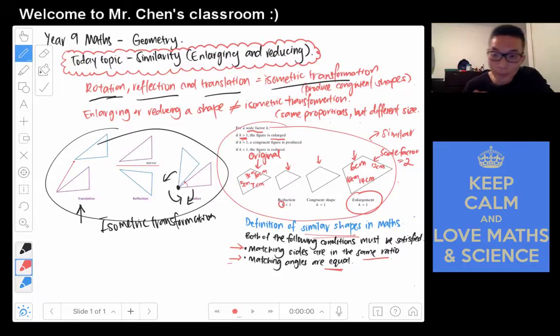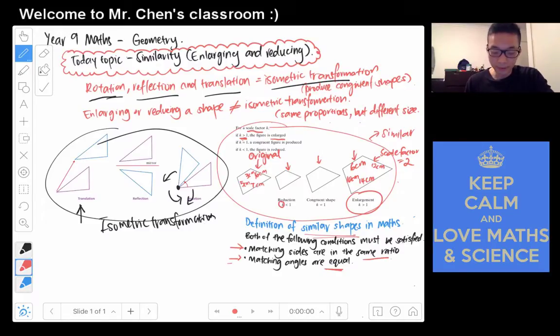You know what I mean? Each matching side has the same ratio, which is twice as big because it has a scale factor of 2. If it has a scale factor of 3, everything needs to be triple the length, each matching side.